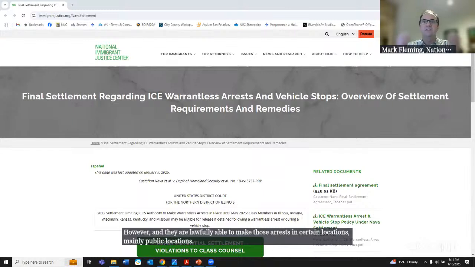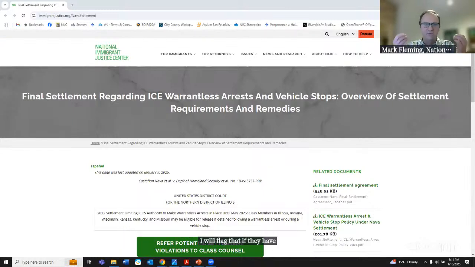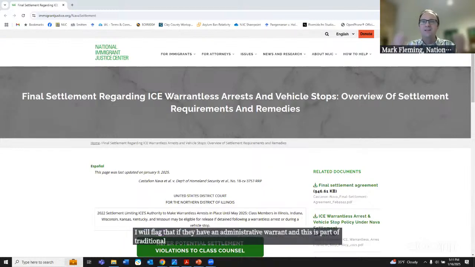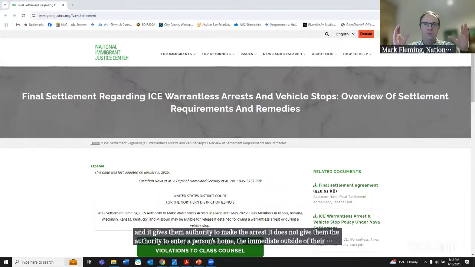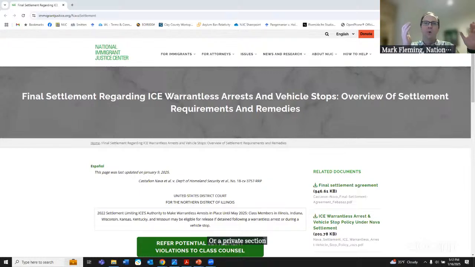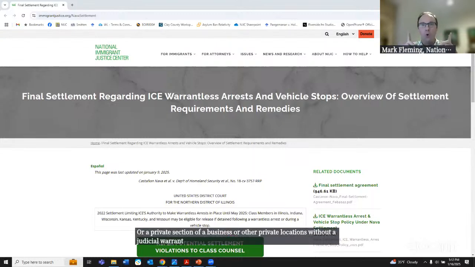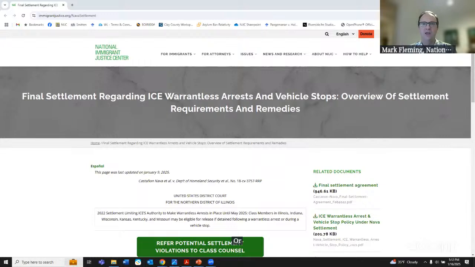I will flag, and this is part of traditional KYR, that even though they have the administrative warrant and it gives them authority to make the arrest, it does not give them the authority to enter a person's home, the immediate outside of their home, or a private section of a business, or other private locations without a judicial warrant or consent to enter that space.